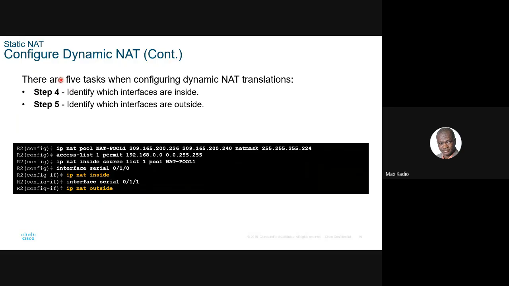So this is how the dynamic NAT is. You do exactly the same thing in your question paper. Now, first line, I allow anyone inside my network to go out. Second line, I specify my pool. Make sure you type correctly what you see. Third line, I'm going to combine them. IP NAT inside source list 1 means anyone inside my network using access control list 1 should use any IP that is available in my pool.